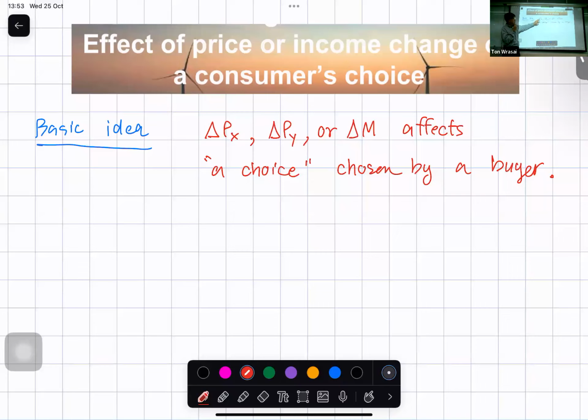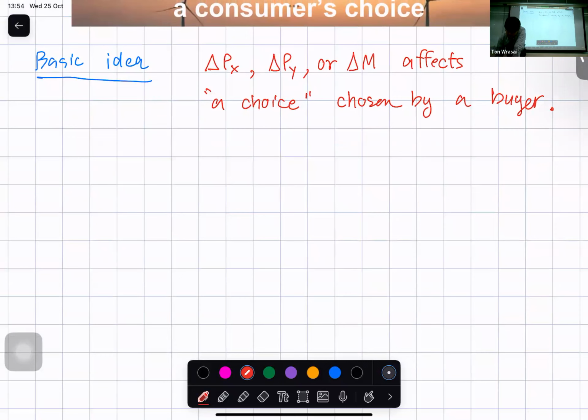When something happens to PX, PY, and M, this guy may change his basket of consumption. So, the effect of a price or income change on a consumer's choice.